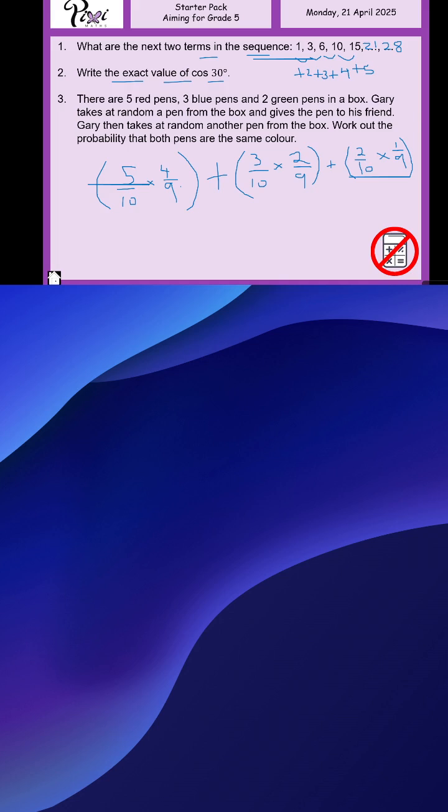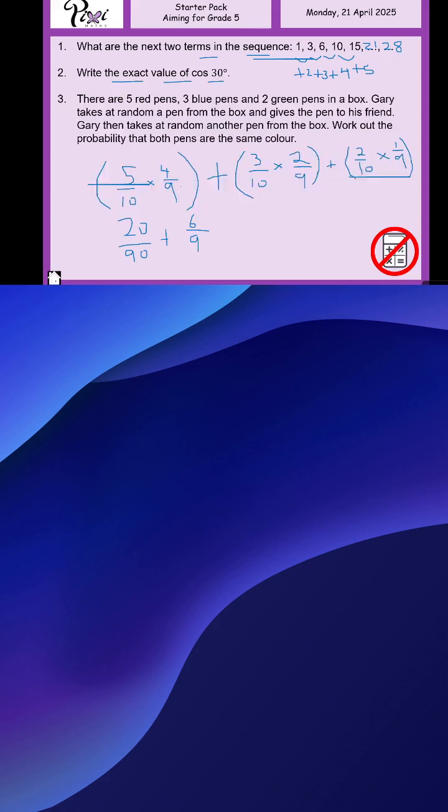So remember, taking 1 red out, I'm going to have 4 red out of a total of 9. So that's going to be 20 90ths. This first one, 5 times 4 is 20, and 10 times 9 is 90. Plus 3 times 2 is 6, so that's 6 90ths.